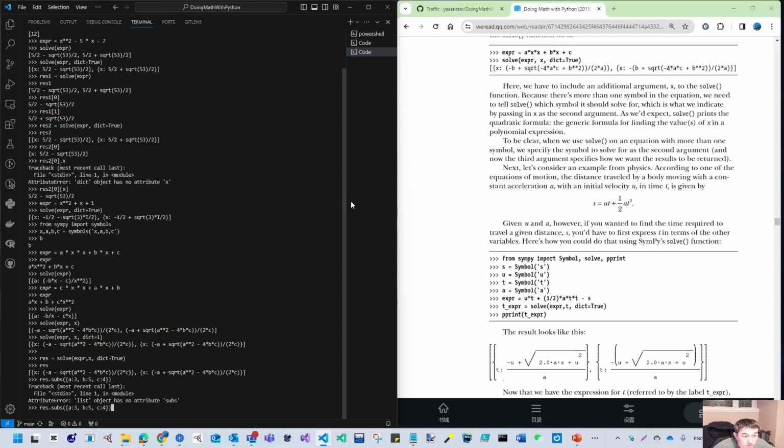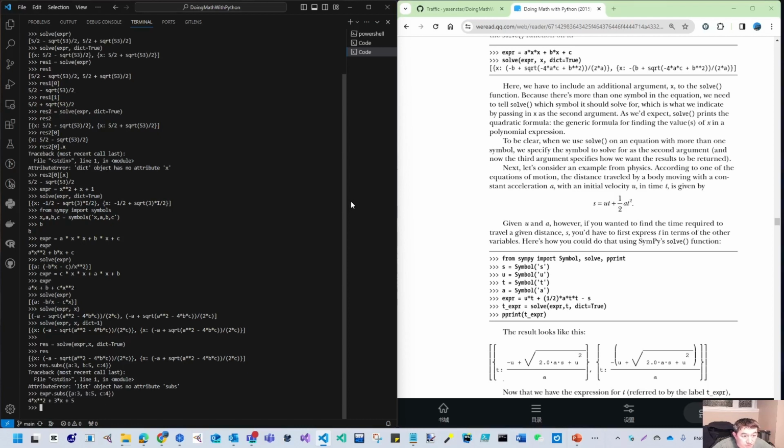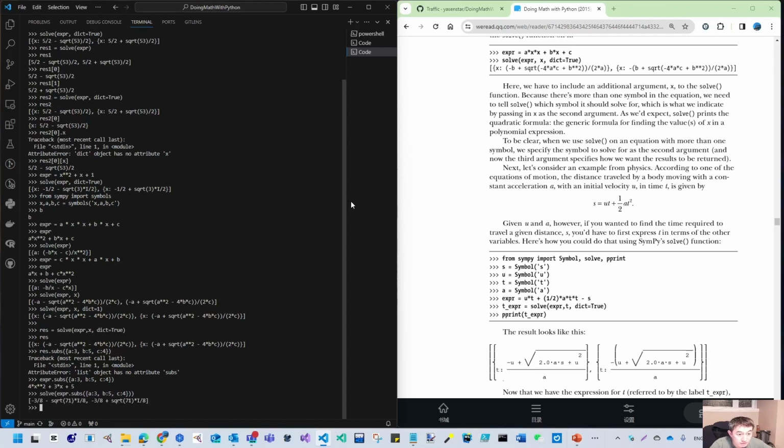So those are the values we should give to the expression. So now once we have this list representing A, B, C with the values, then we got this X. Then let's see, now let me solve this to see whether I got it, and this subs with dict equal to true.